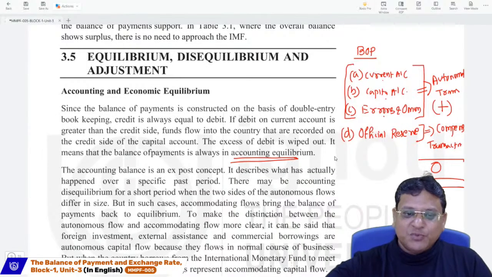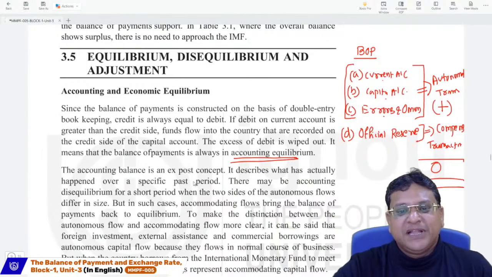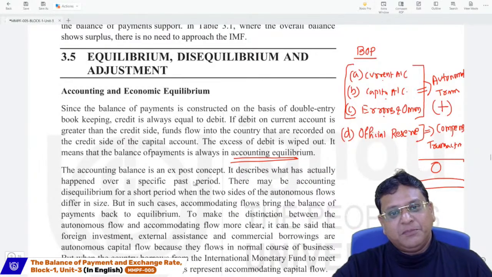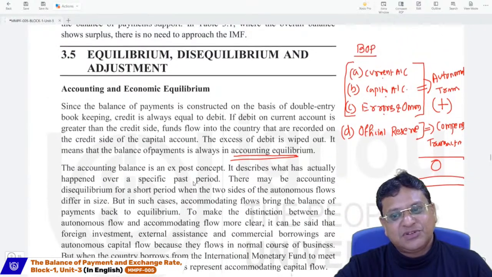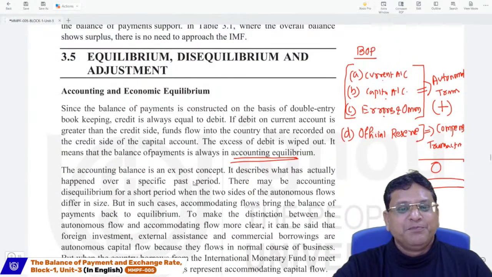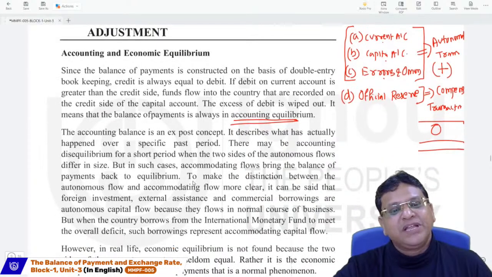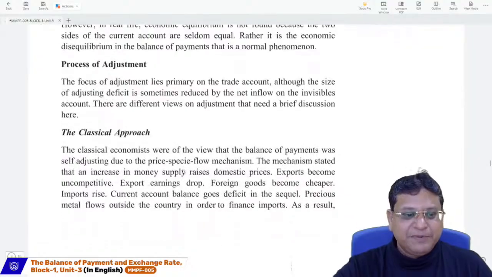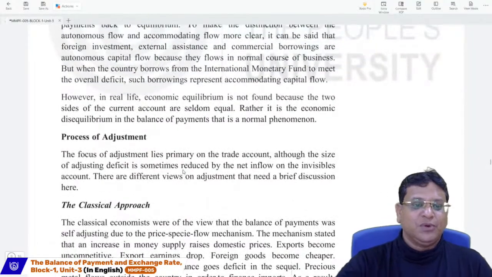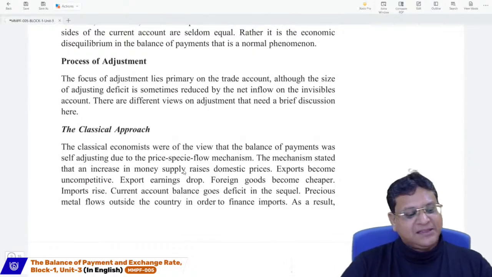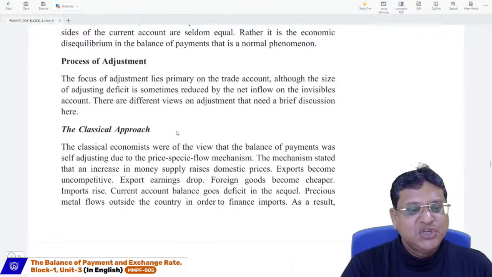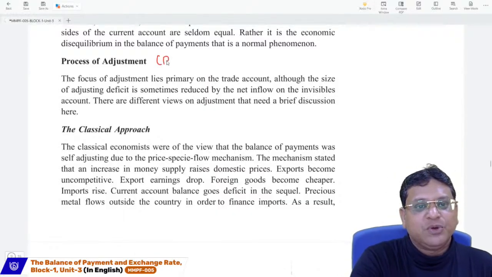If we consider official reserve transactions with autonomous transactions, BOP will balance in the accounting sense. But in the economic sense, there can be surplus or deficit, or BOP disequilibrium. If there is BOP disequilibrium, how will we adjust it? There are three approaches of adjustment of BOP disequilibrium.